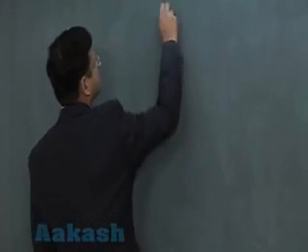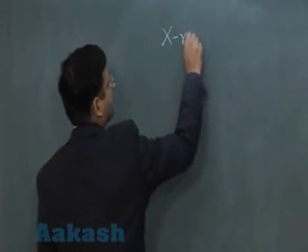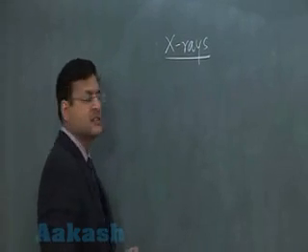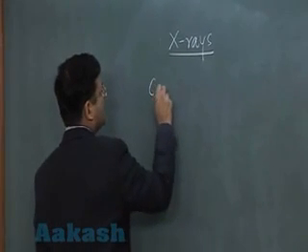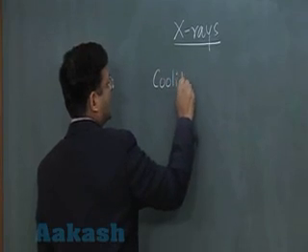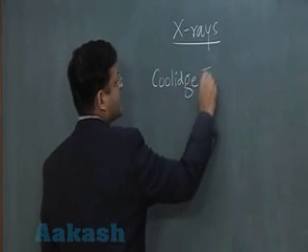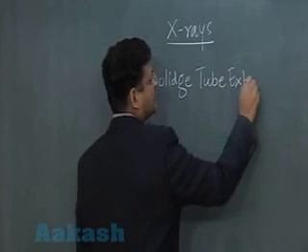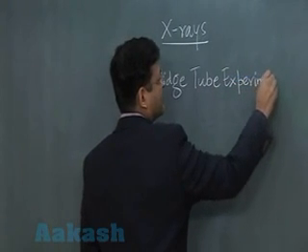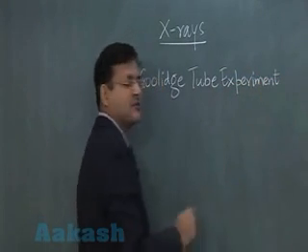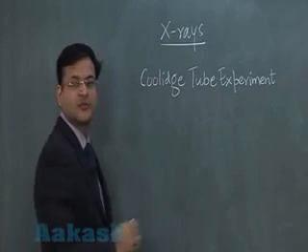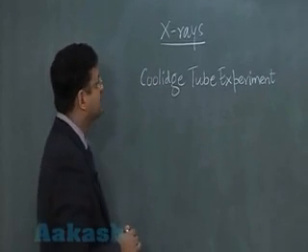In today's lecture of X-rays, first we described the Coolidge tube experiment, which you can say was a formal setup to provide X-rays, in which we saw that X-rays were produced when electrons were bombarded on their target.